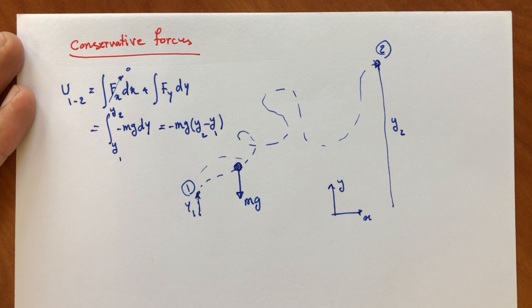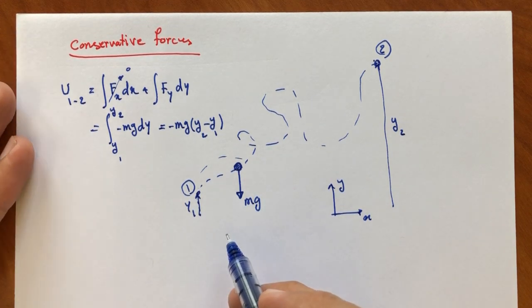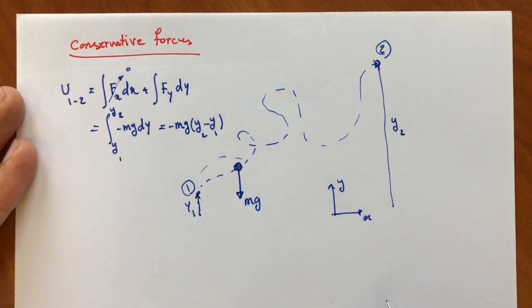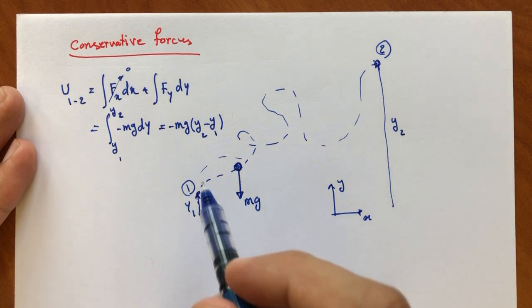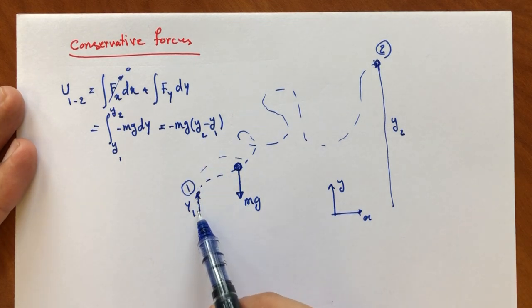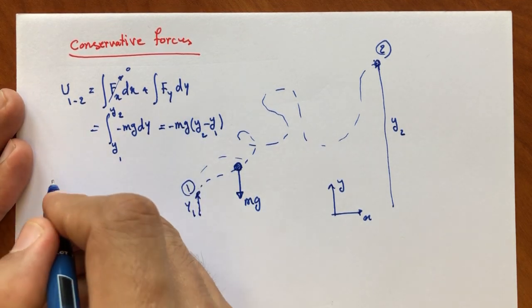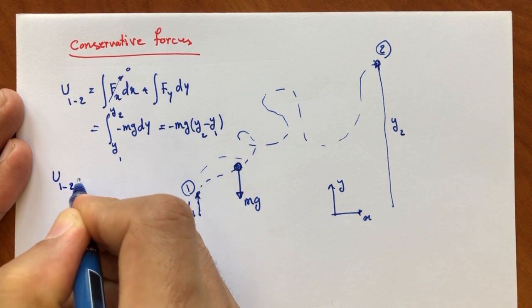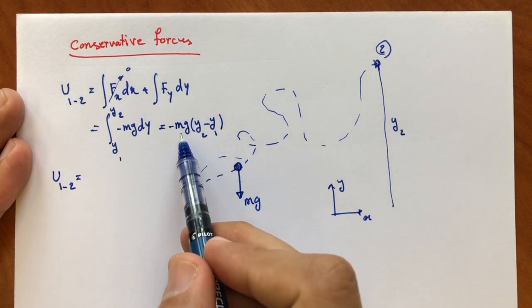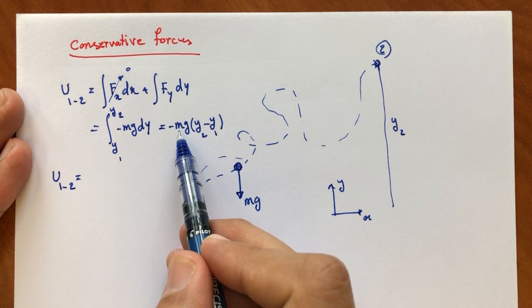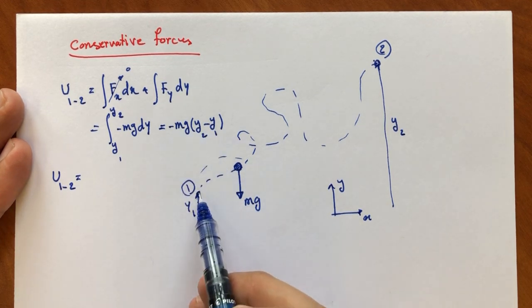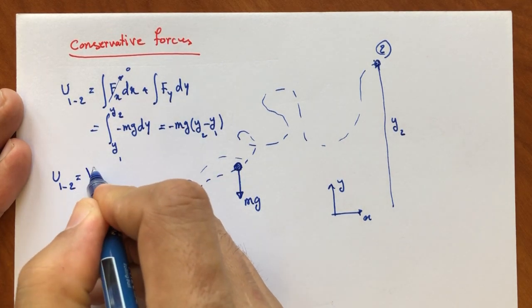Before moving to the spring force, something from your physics. If you remember mgh, you call it potential energy, or gravitational potential energy. Here I showed you that U from 1 to 2, the work of gravitational force, is equal to mgy1 minus mgy2. mgy1 is the potential energy at the beginning, which I'm going to show with V1.